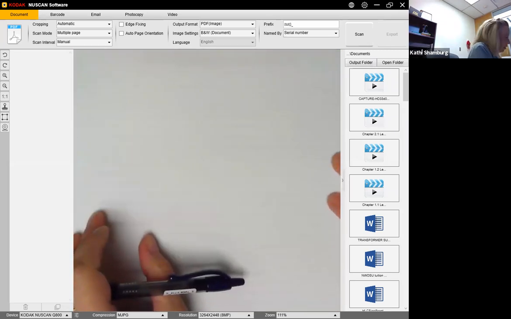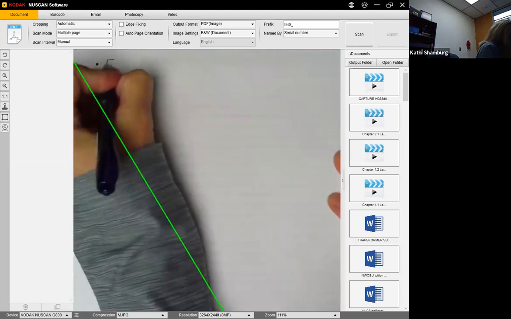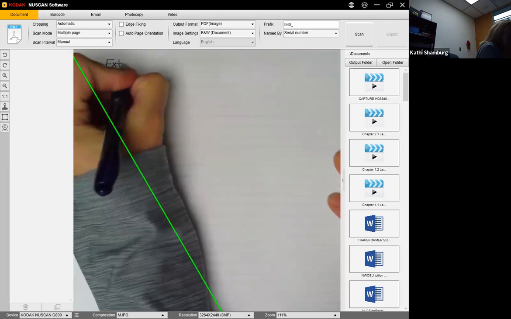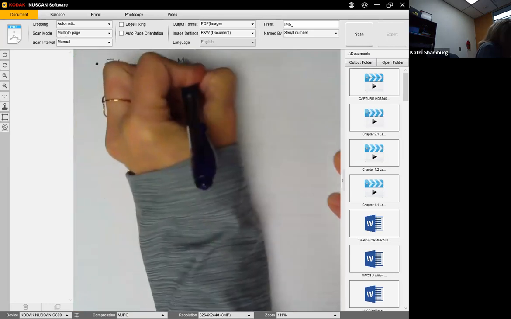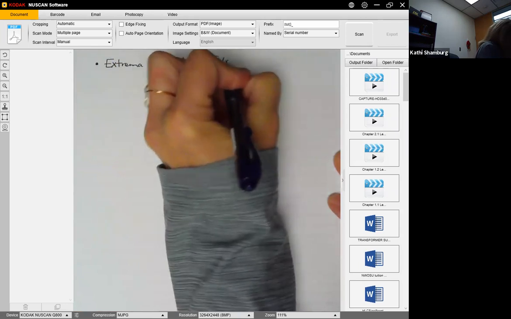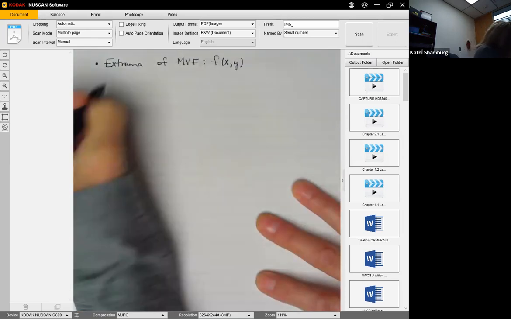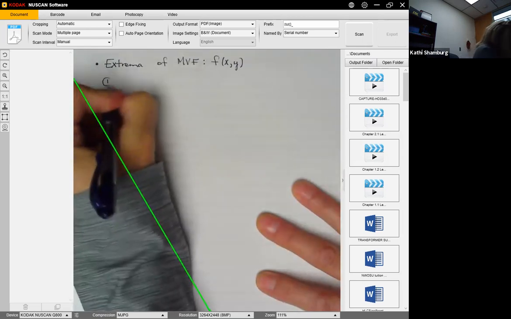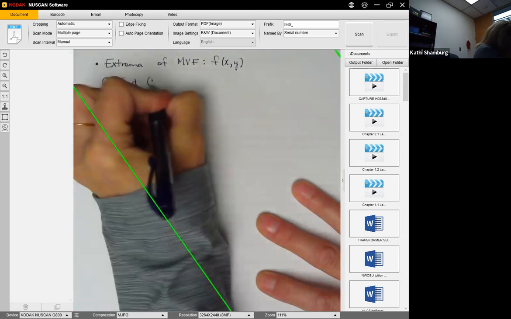Okay, so what we're going to be looking at is extrema of multivariable functions. So that means we have variable x and variable y. All right, so the first step, we are going to find our critical numbers.